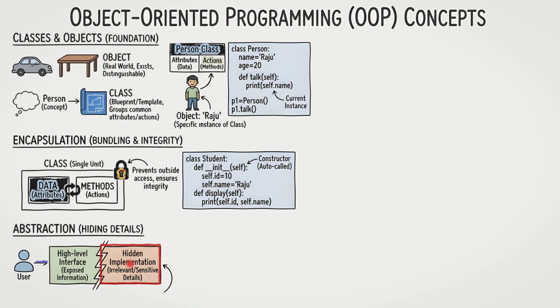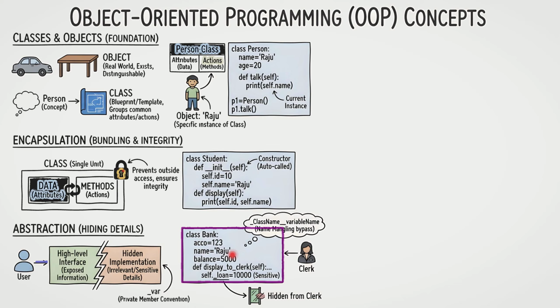In Python, abstraction is often handled through naming conventions. Look at this bank class. It has public information like account number and balance that a bank clerk can see. However, the loan amount has an underscore in front of it. This underscore tells other developers that this is sensitive data meant to be kept private and hidden from standard view.